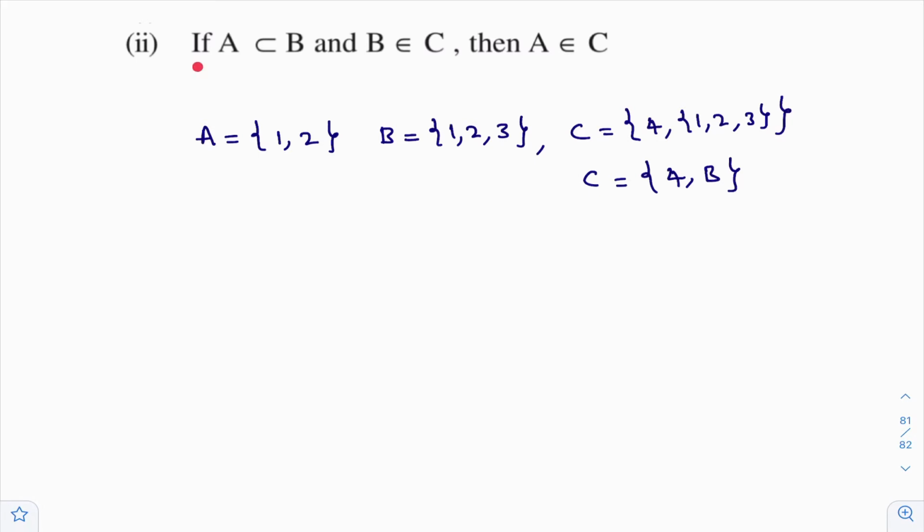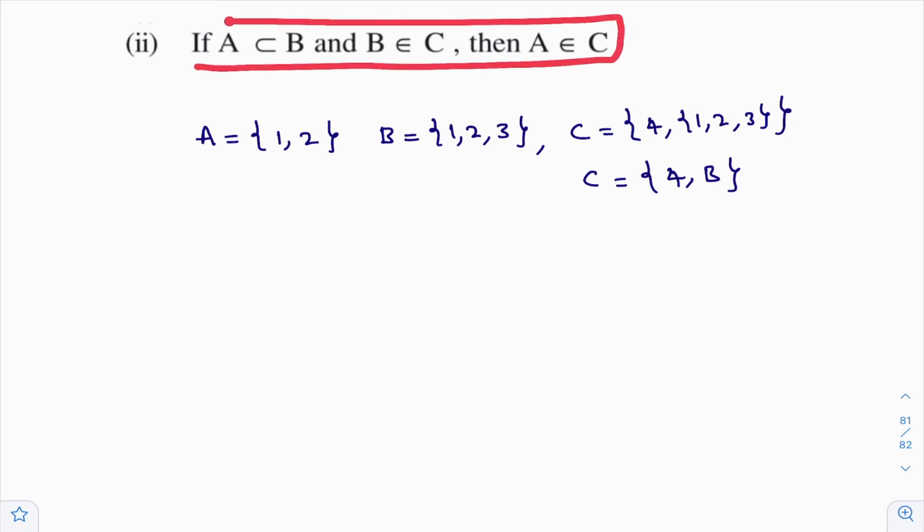They are saying that this is true for any 3 sets A, B, C. To say it is false, one example is enough. Here I can create an example satisfying these conditions. But the statement means it is true for any 3 sets.